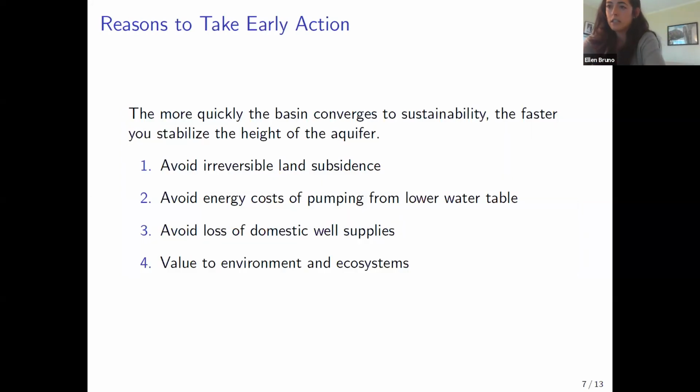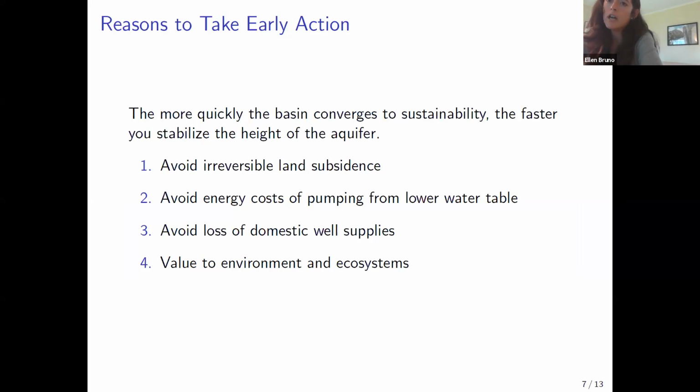So what are the reasons to take early action? Well, if we take early action, then the basin can more quickly converge to sustainability, and you can stabilize the height of the water table faster. By converging to sustainability earlier, you could potentially avoid some costs of continuing along the status quo path.